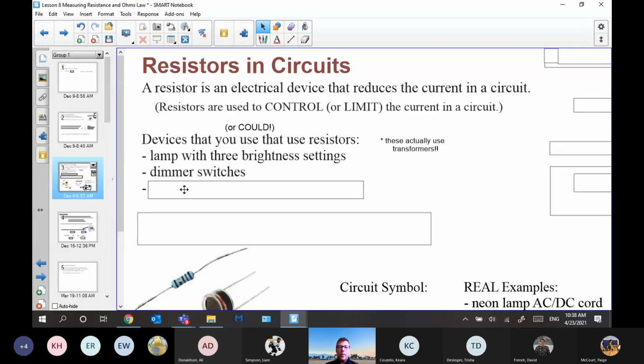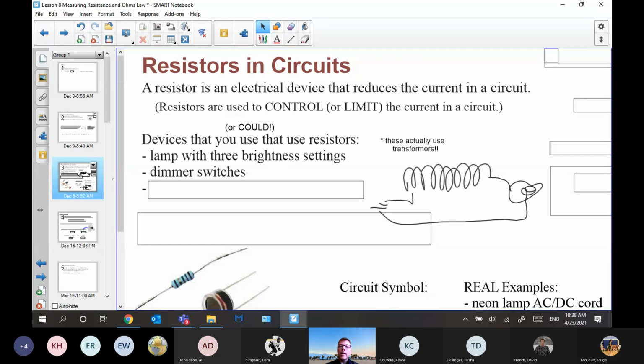Dimmer switches, same thing. You turn them and they gradually change. That could be accomplished with what's called a rheostat, which is a variable resistor. It's actually a coil of resistor like this, and then you have your battery, and a piece of wire that can connect in different spots, and then you have your light bulb.